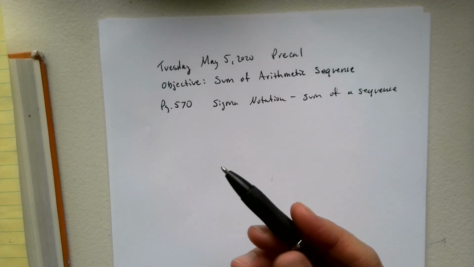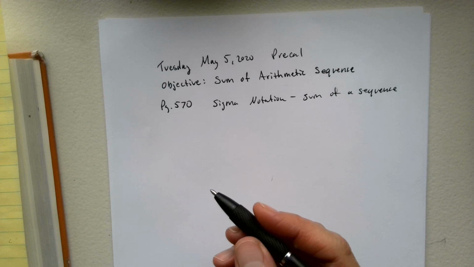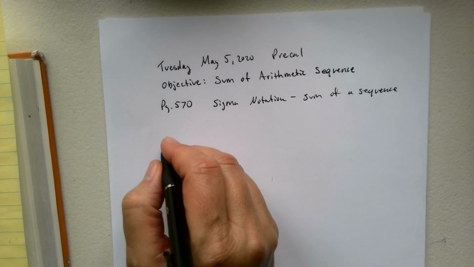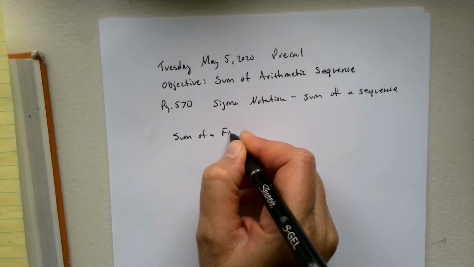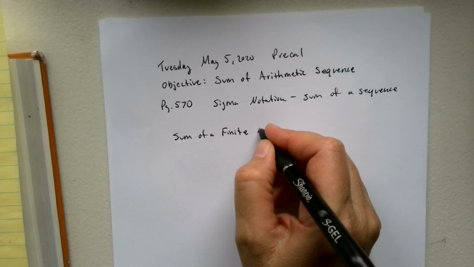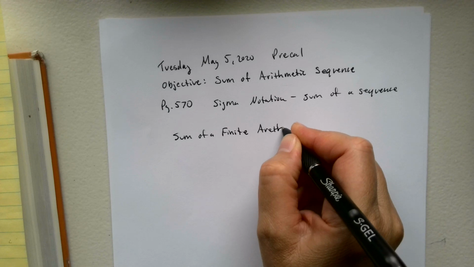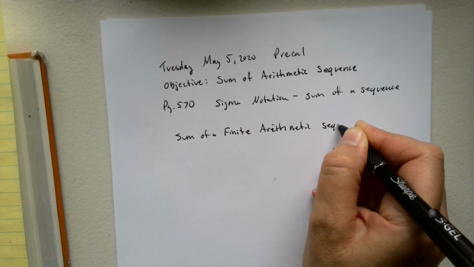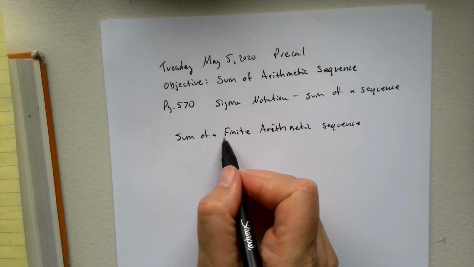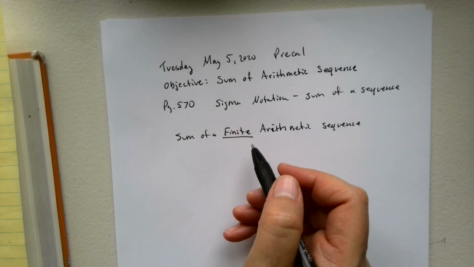On page 570 in the blue box, you see a formula for the sum of a finite arithmetic sequence. We've talked before about finite meaning it has a stopping point.